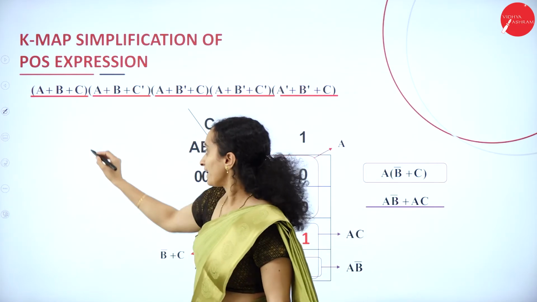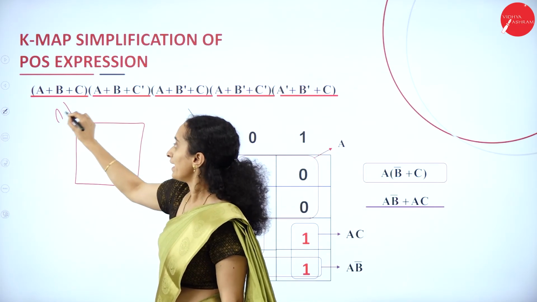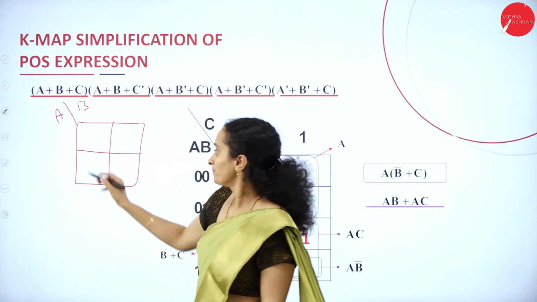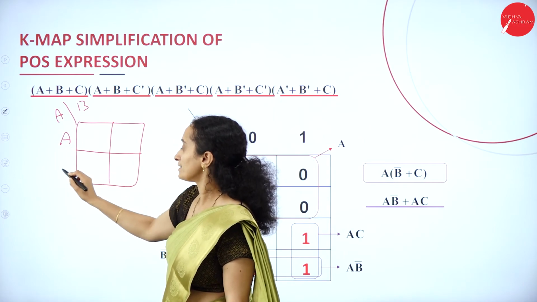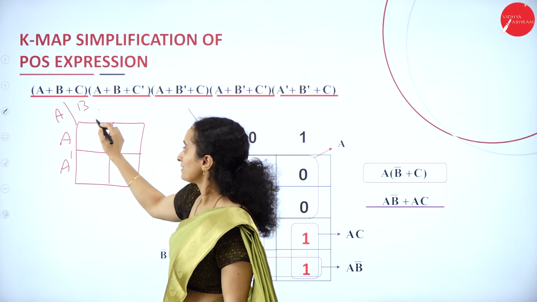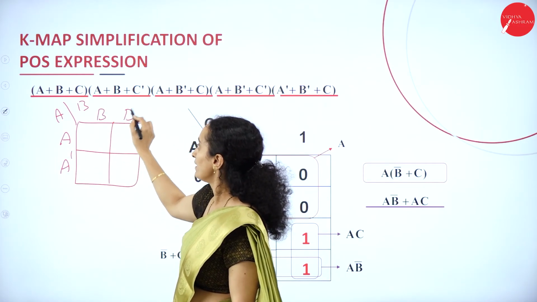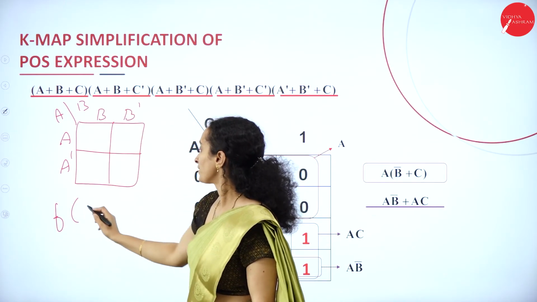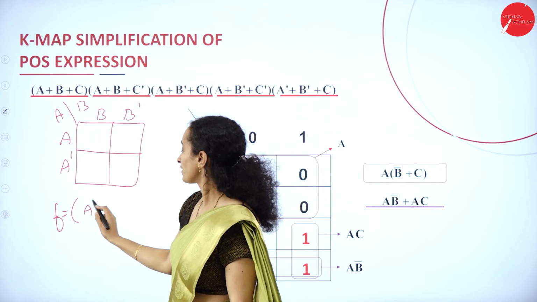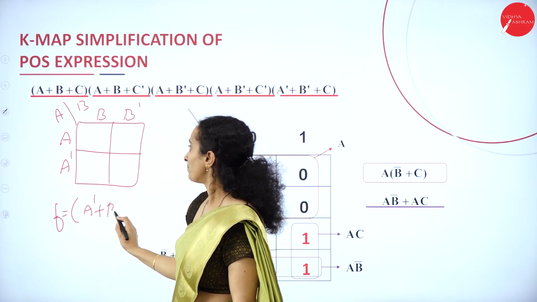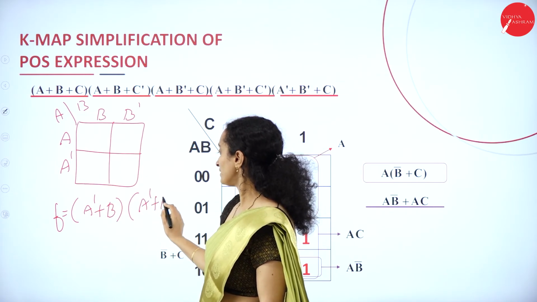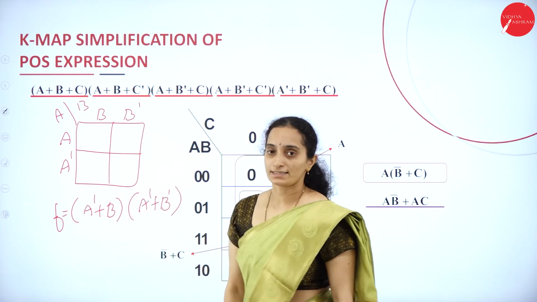Okay. If you take another example, so A, B, there will be 0 considered as A dash. Now this is B, B dash. If you take the example, F equals A dash plus B into A dash plus B dash.